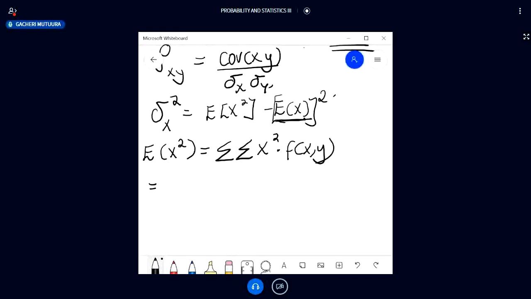So I just have the sum of x squared f1 of x.